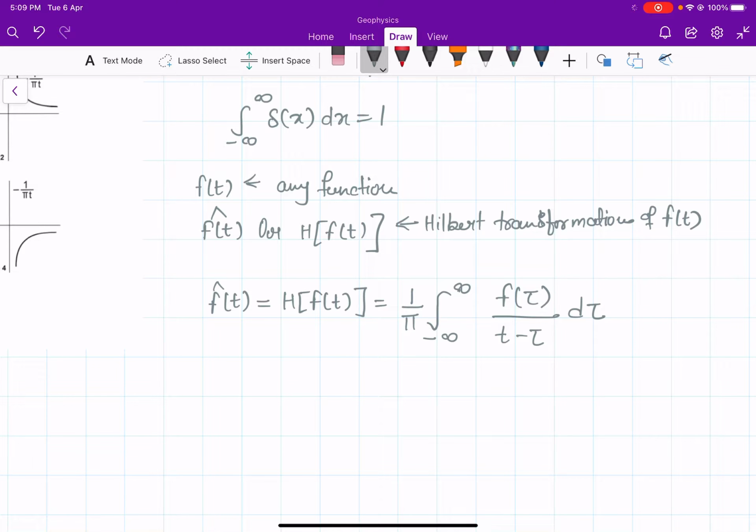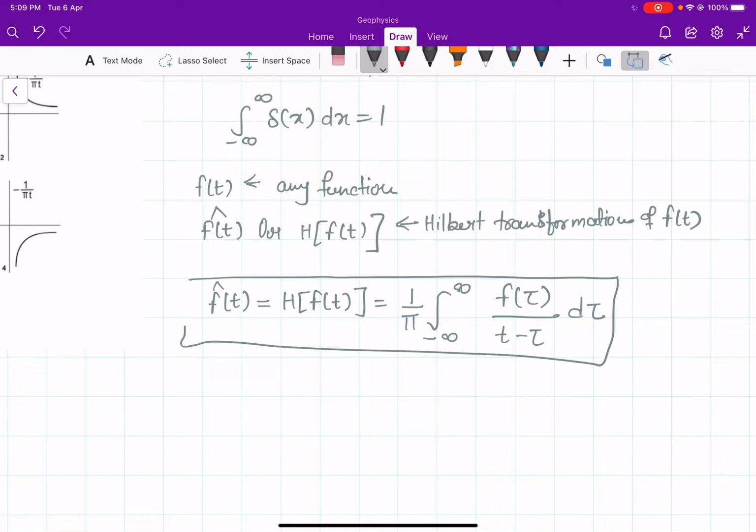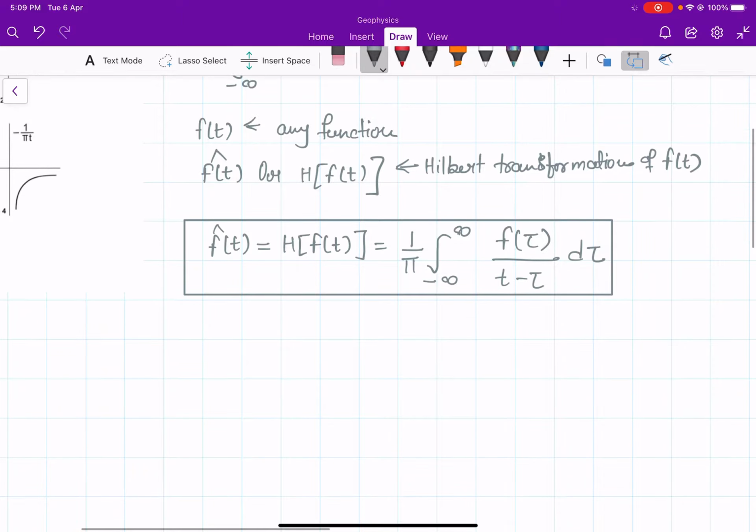So this is the mathematical definition of the Hilbert transformation of any function f(t), where f(t) is real.